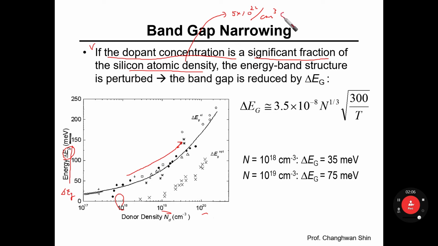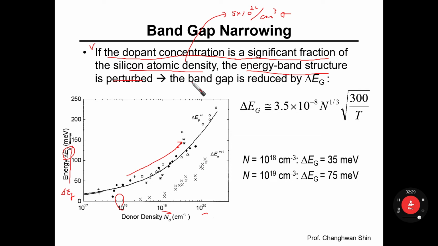This indicates how densely the silicon atoms are placed within a silicon crystalline material. If the doping concentration is a significant fraction of it, then the energy band structure is perturbed. Perturbed means, simply speaking, changed, varied, modified.